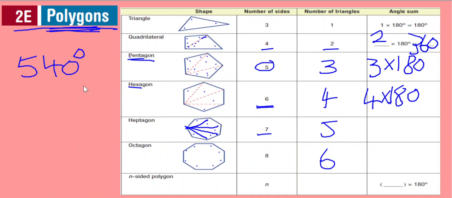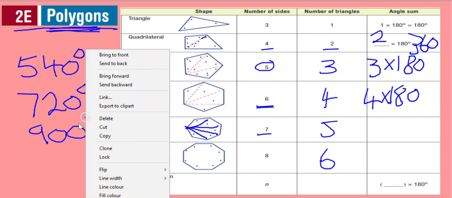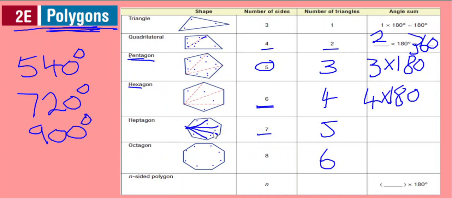When you multiply 4 by 180, we end up with 720 degrees. We can keep going. I'll do the last one. 5 by 180 will be the last one. 900 degrees. So the sum of the angles in a heptagon when you add all the angles up is going to be 900 degrees.